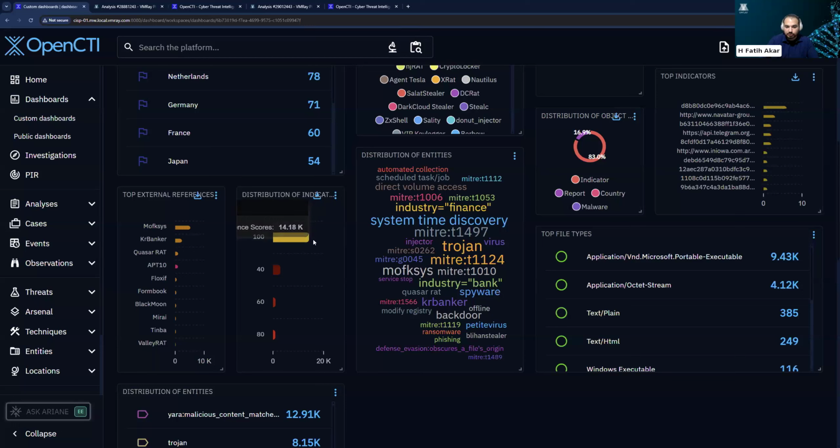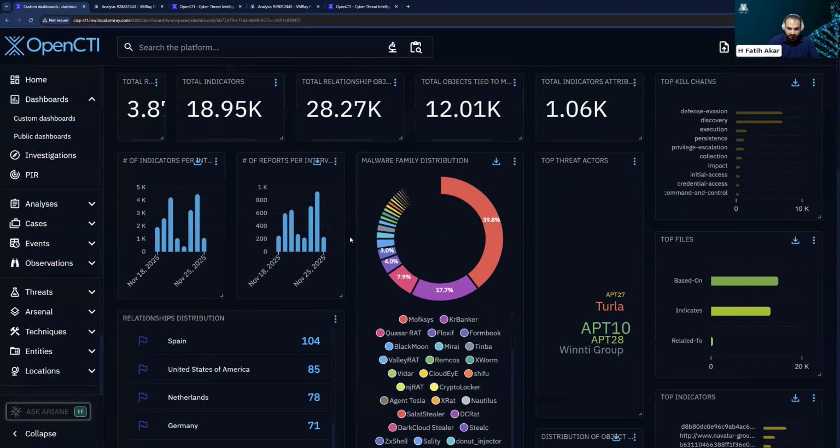And you can see here that most of the indicators have the highest confidence, so that you can be more confident about what comes from this feed in enabling different use cases, like, again, alert generation and maybe even blocking that indicator on the perimeter.